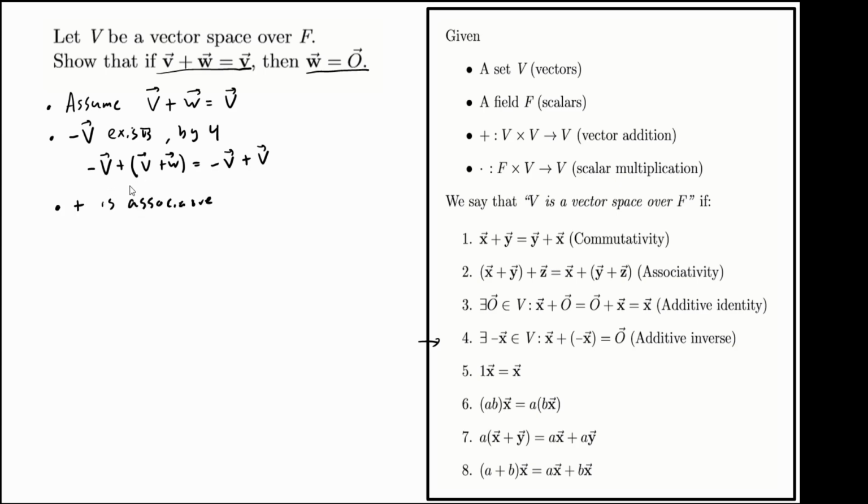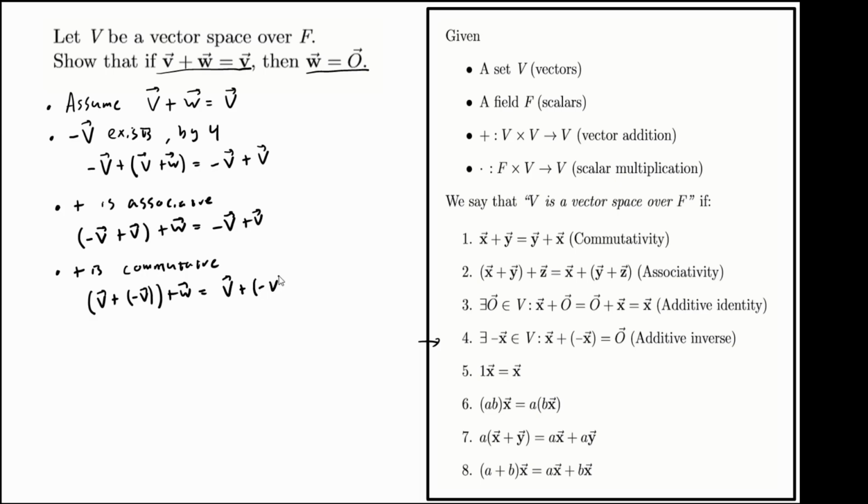So using this on the left-hand side, we have that minus V plus V plus W equals minus V plus V. And now I'm going to use the fact that plus is commutative. So this gives me that V plus negative V plus W is equal to V plus negative V.